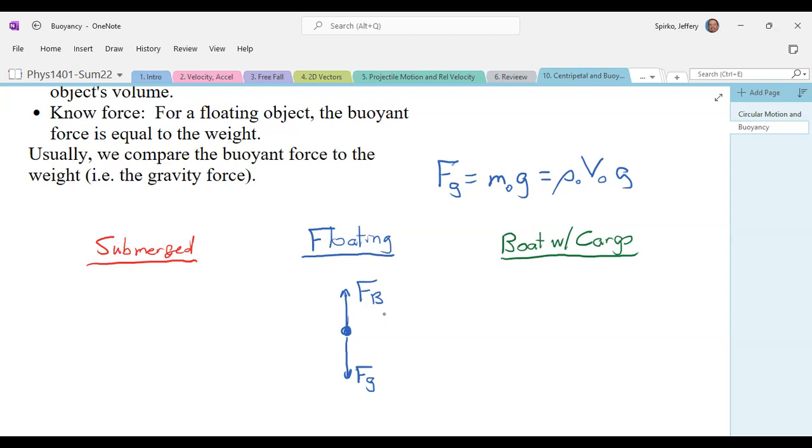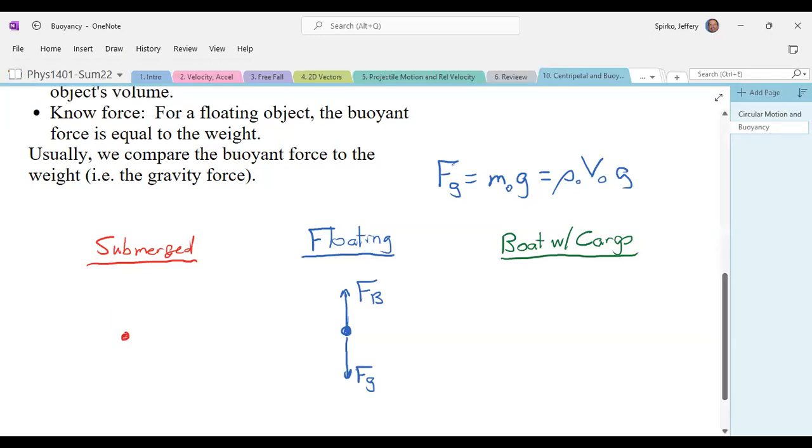For a heavy object, you throw it into the bucket or into the lake, it sinks to the bottom. Or maybe it's hanging from a string and you dunk it and it is still hanging from the string, but now it's underwater. The object is now submerged.